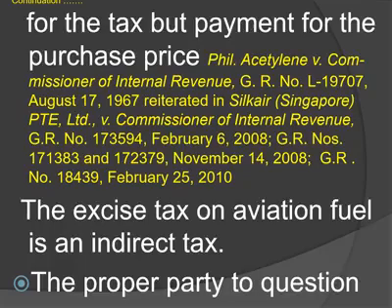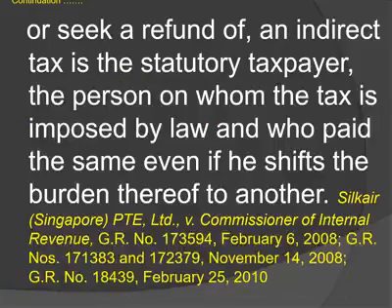And consequently here, in the case of Silk Air, the excise tax on aviation fuel is considered an indirect tax. And the proper party to question or seek a refund of an indirect tax is the statutory taxpayer, the person on whom the tax is imposed by law, and who pays the same even if he shifts the burden to another. This was the holding in the case of Silk Air.